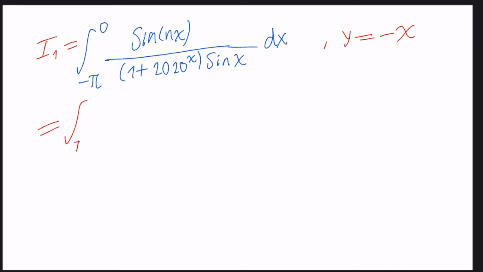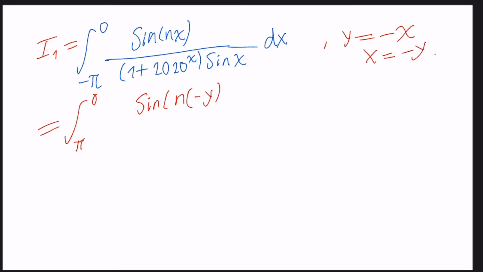Here, remember that instead of minus pi, we have to put pi, because under the map y of x, x changes to minus x. And here 0 remains the same because minus 0 is 0 as well. And here, sine of n, instead of x, we will put minus y.